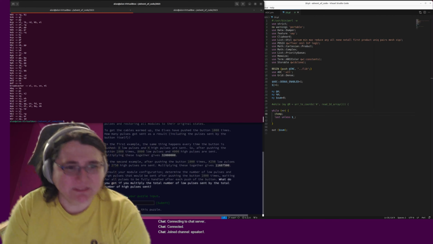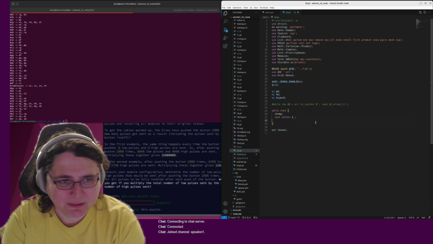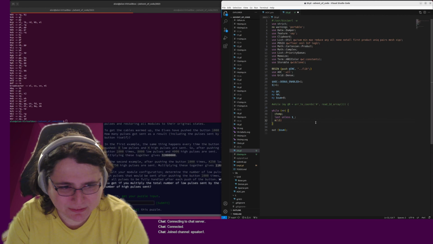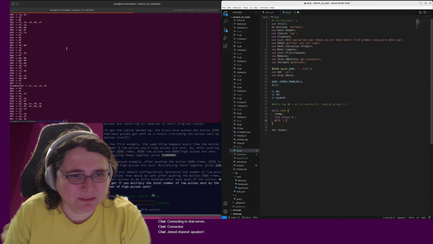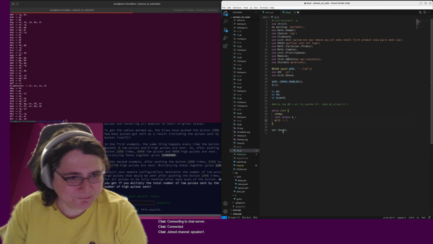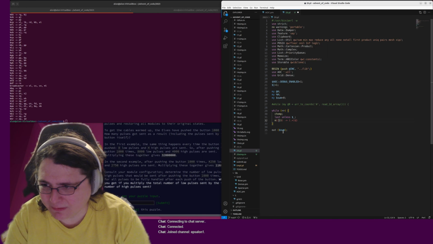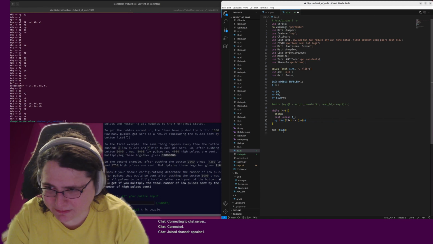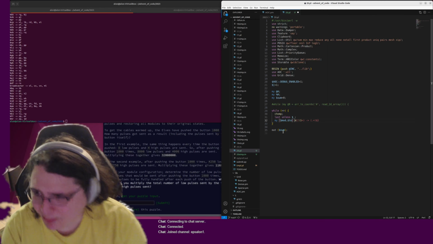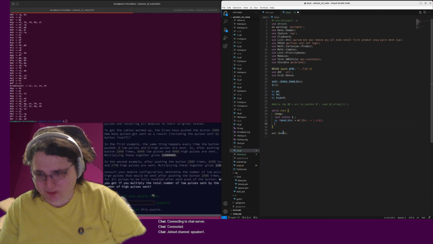Now, let's see. So we are processing it in DFS. First of all, let's load the input. Match of no space, space, arrow. These are just word characters, right? Actually, let's do it like that. Now for each of these, I need to store.